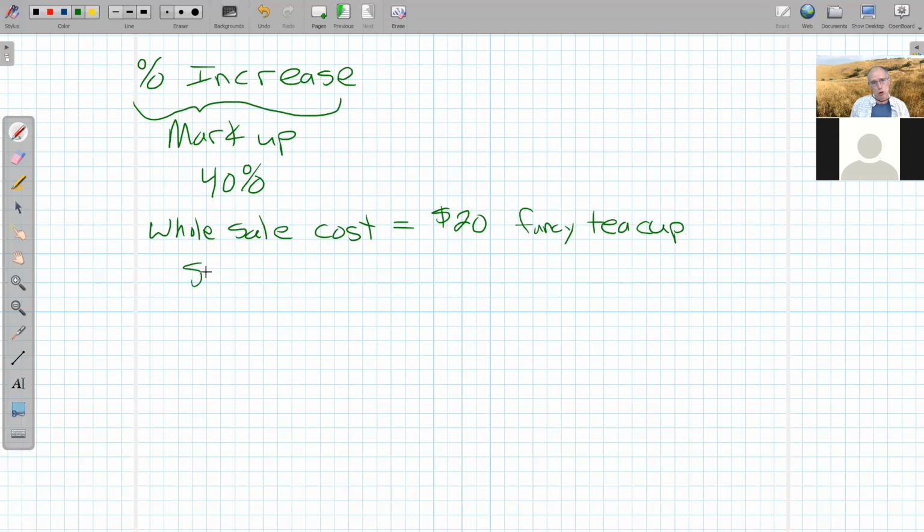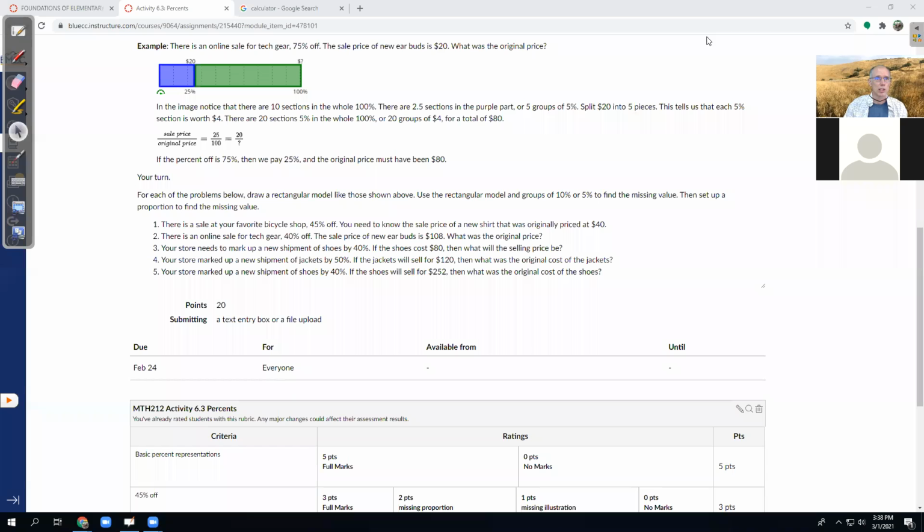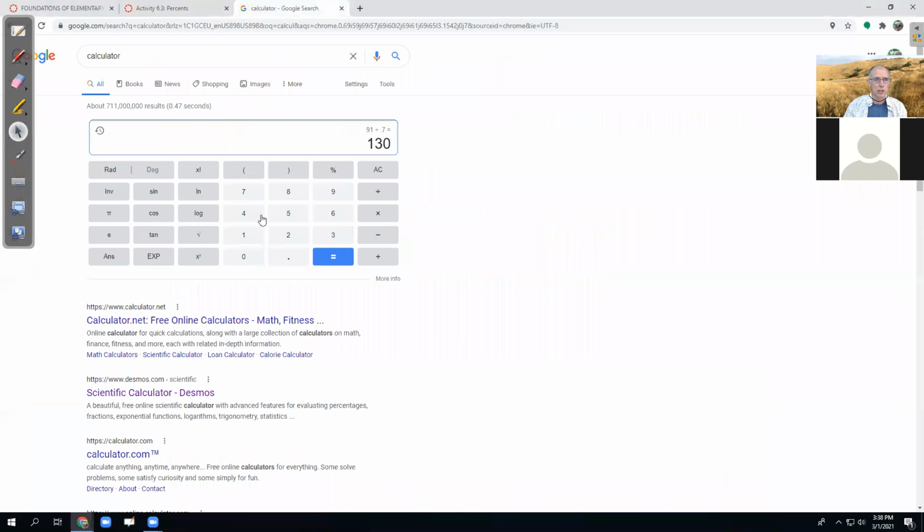The slow way to do this is to say, what's 40% of 20? That's 40 hundredths, or 4/10 reduced, times 20, which I believe on a good day is $8, but never be too safe when it counts. 40% times 20 gives me $8.